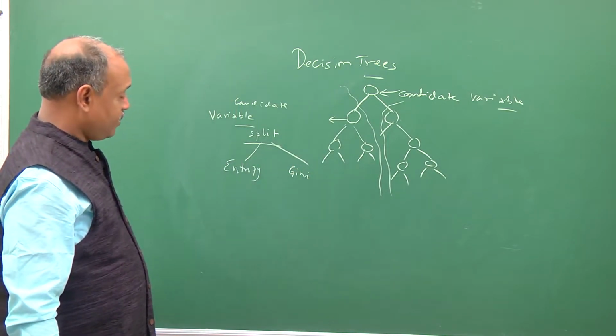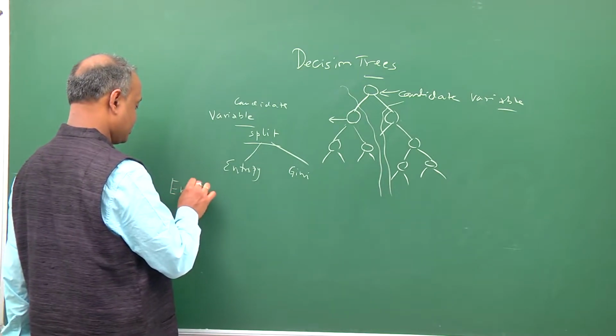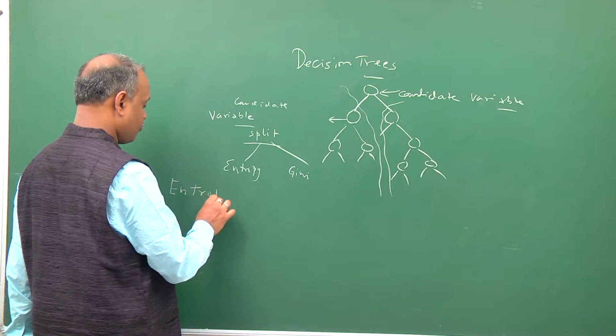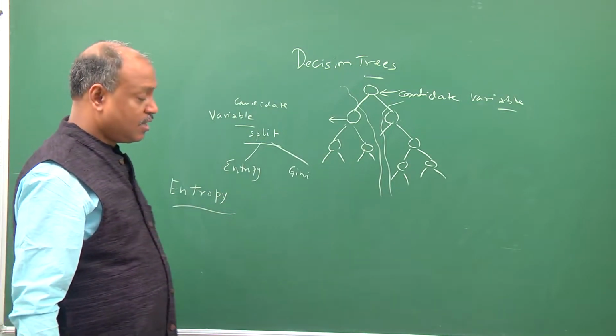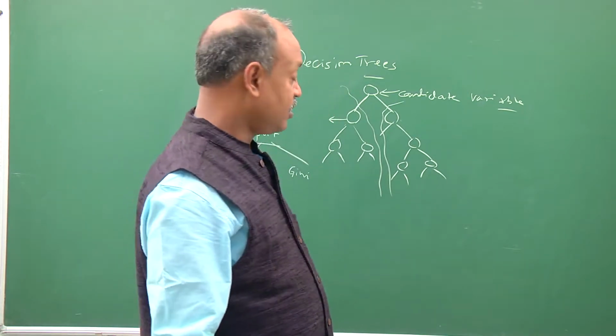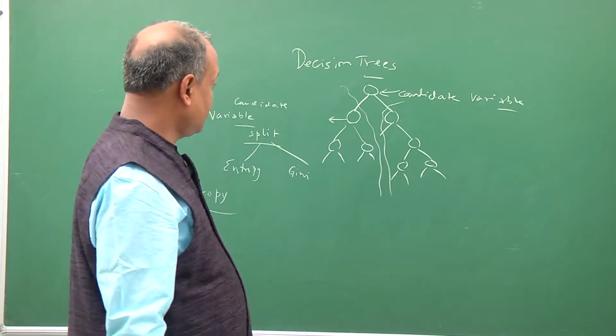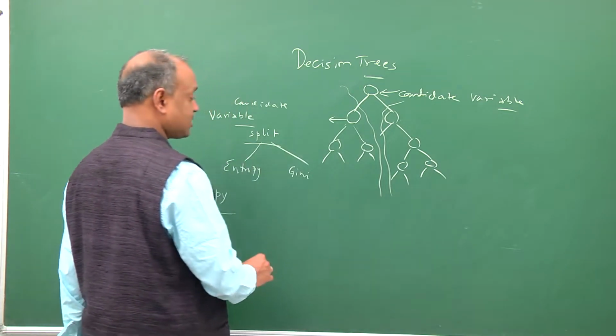Let's look at entropy. Entropy by itself is a universal concept, as we all know from materials and physics. Entropy is a basic idea of how disorderly or orderly a system is. Let's look at it in general in a sample.